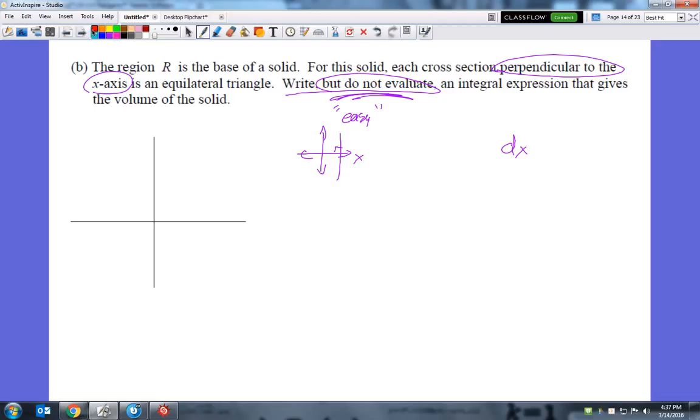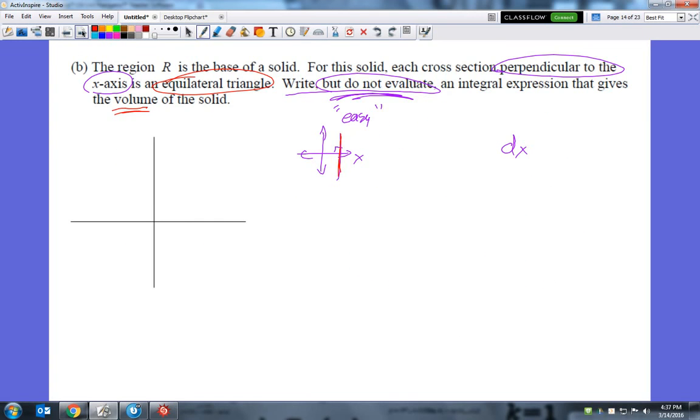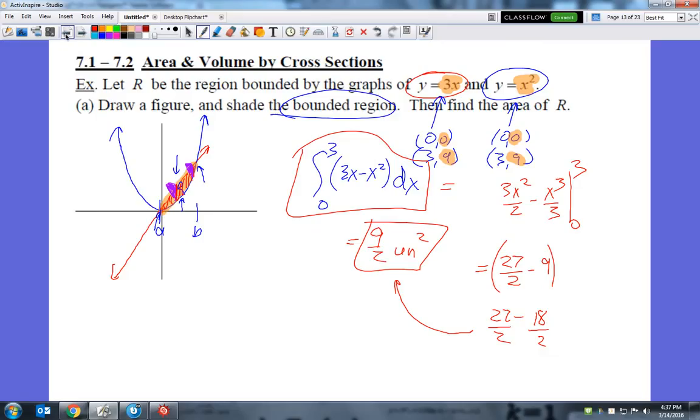Okay? Equilateral triangle. Because you're trying to find the volume, you're going to do equilateral triangles. Okay, so that goes back to this shape over here that I was looking at. The equilateral triangle's base is that length that exists in between. So let me highlight that in green. That's what I've been doing a lot.